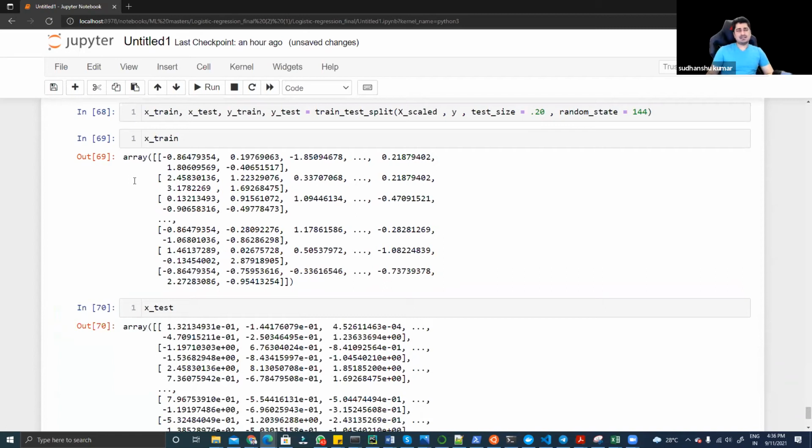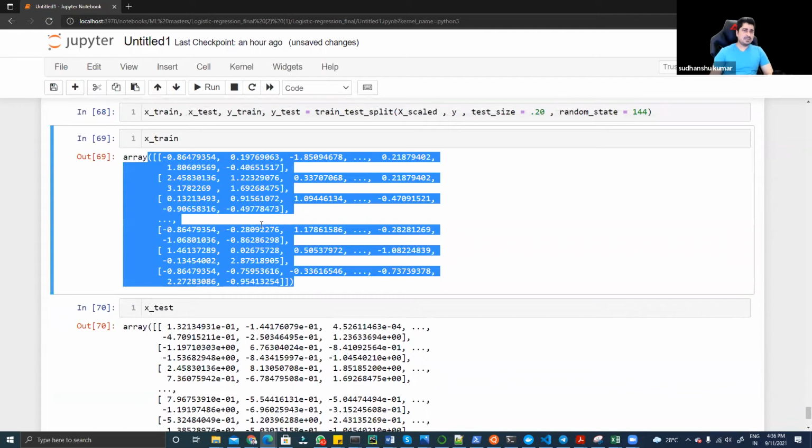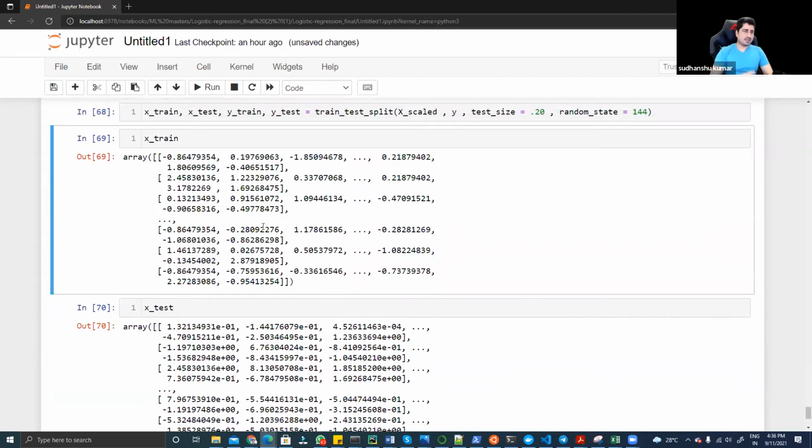So can I say that this entire data set is separated, or that these two samples have been taken from the same population, which is fluctuating within the same variances? Yes, because we have just applied a standard scaler on the entire data set, right?